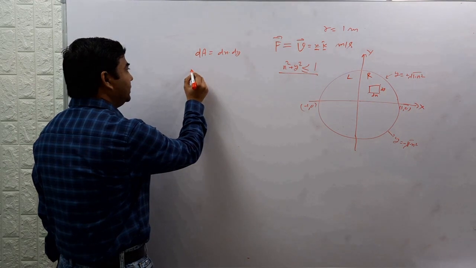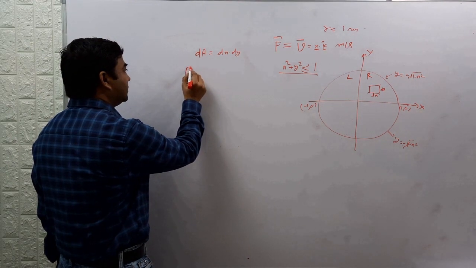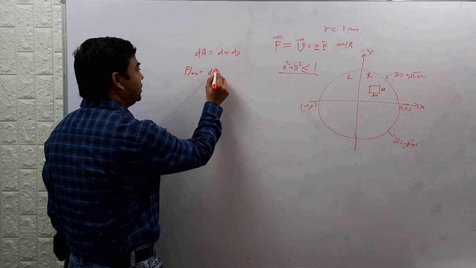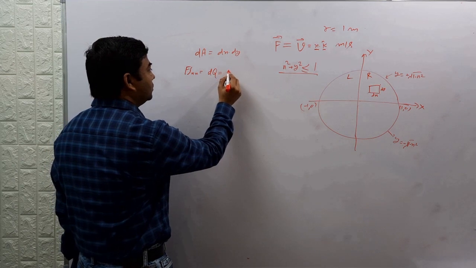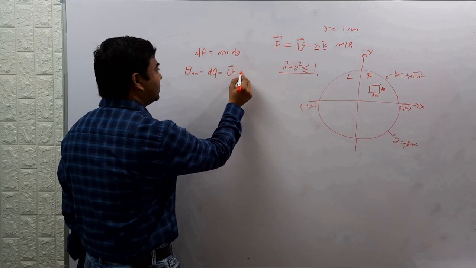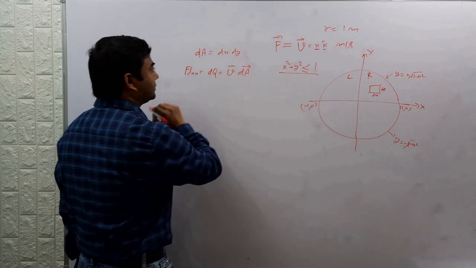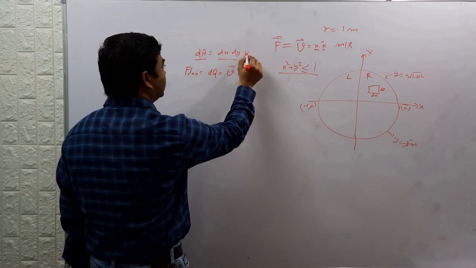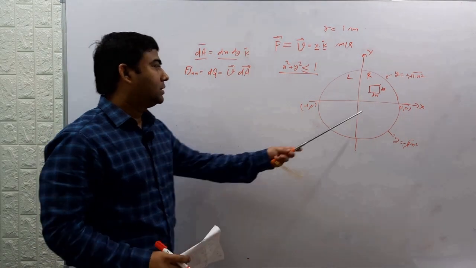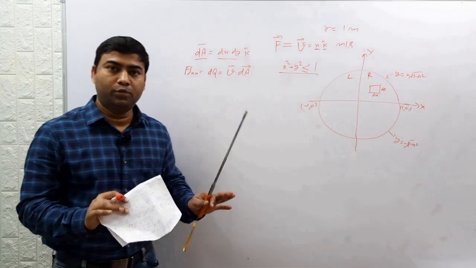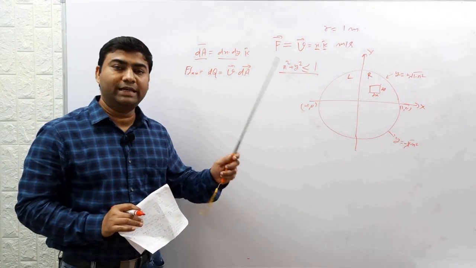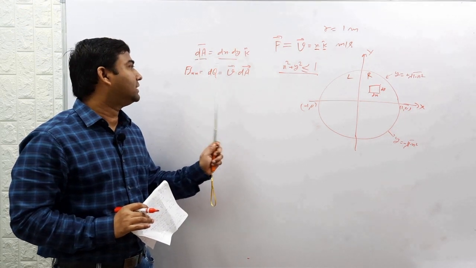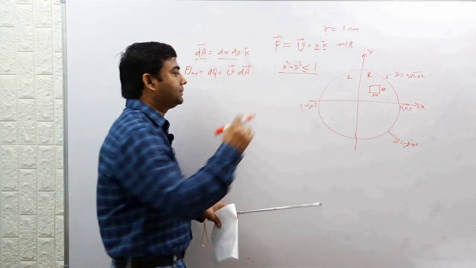So we know flux dΦ is equal to v dot dA. The vector dA can be written as dx dy k, because the direction above the board we are assuming positive, and the positive direction unit vector is k.